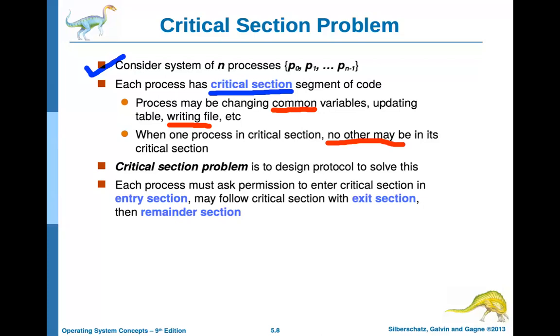That is what we want. And this solution demands some properties; there are four conditions. Whatever solution you provide for the critical section problem has to satisfy the four conditions.